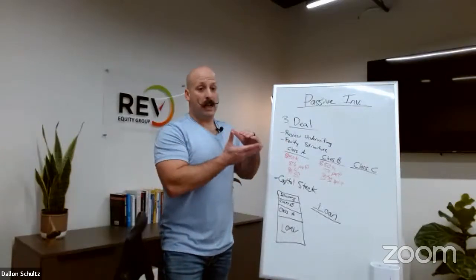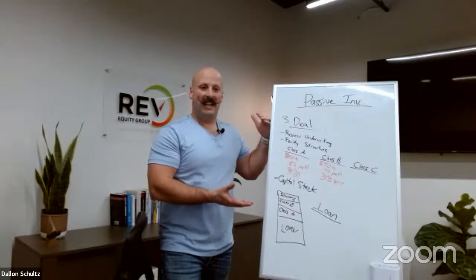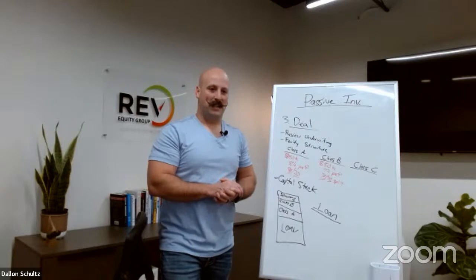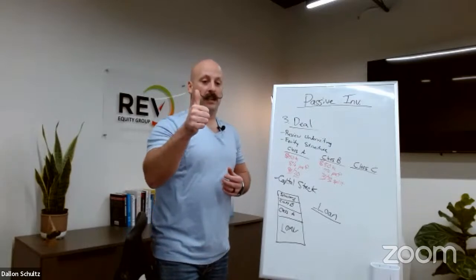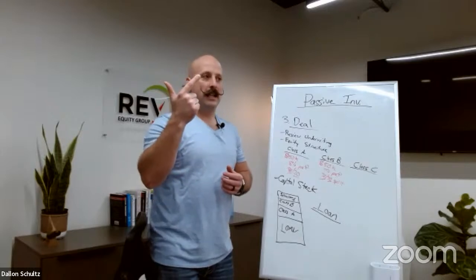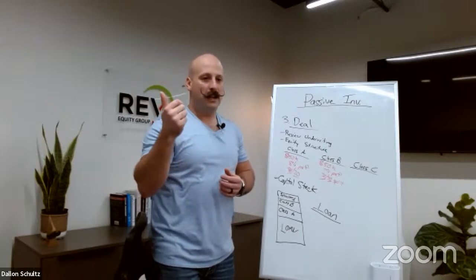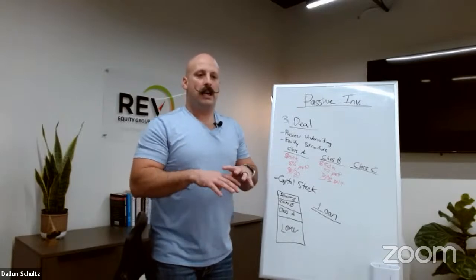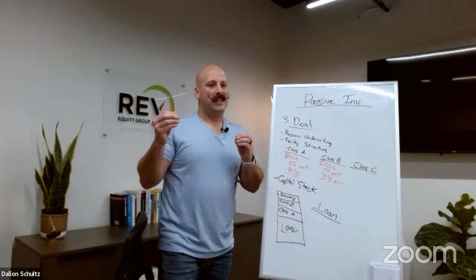Because once you start implementing the business plan, now it's managing people, and people are unpredictable. You're managing contractors, the property managers, the staff on site, the groundskeepers, the landscaping, the roofers. It's very management intensive.